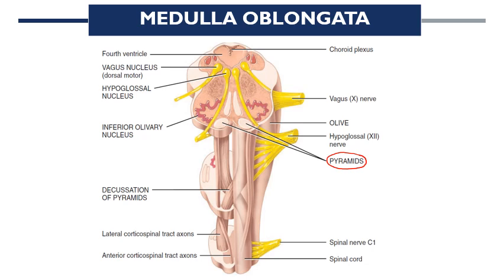These pyramids are formed by large corticospinal tracts that pass from the cerebrum to the spinal cord, and these tracts control voluntary movements of limbs and trunk.